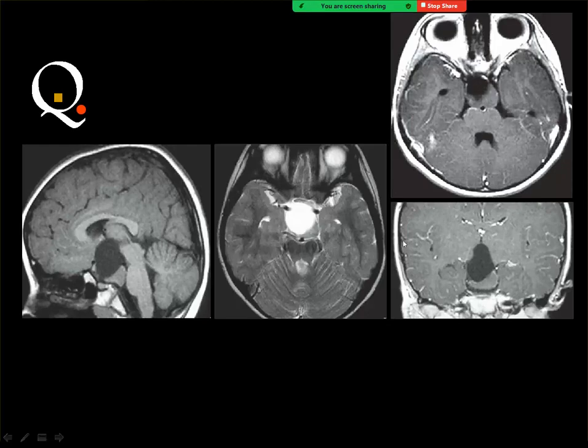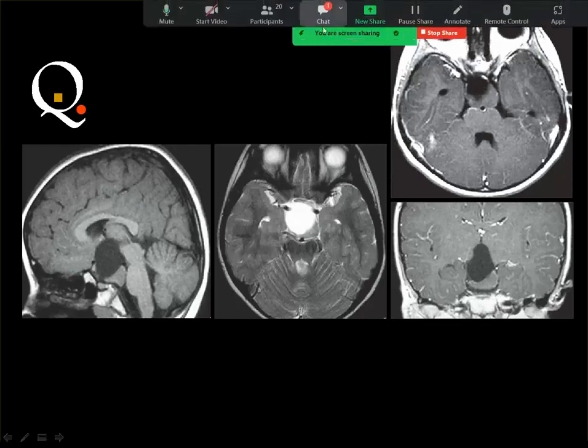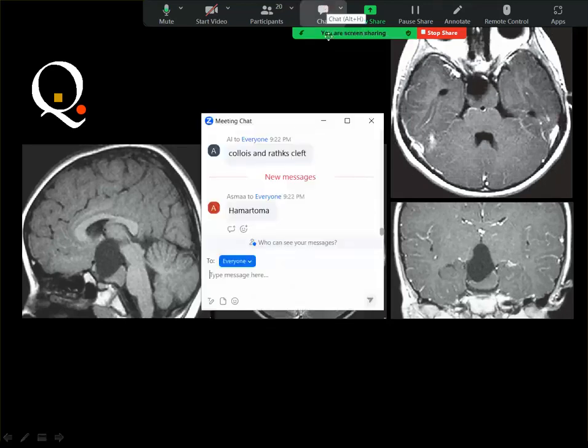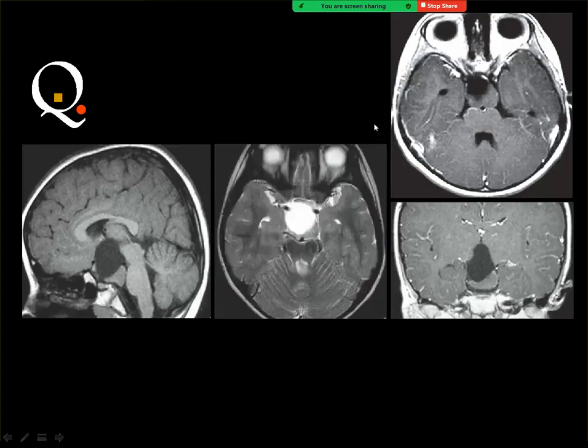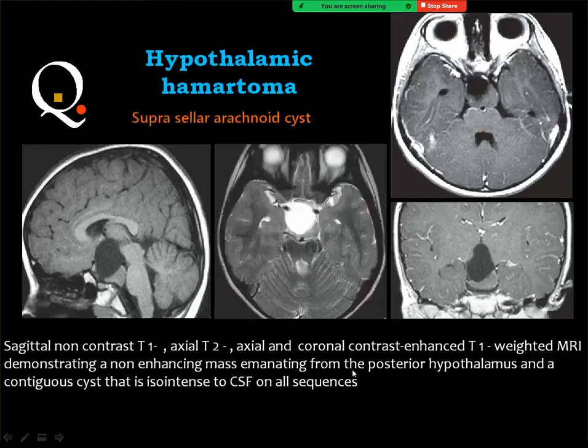And you know, the only suprasellar lesion which is located usually in the pediatric age group, and it does not enhance, and this is hamartoma. Yes, this is tuber cinereum hamartoma and the arachnoid cyst in the suprasellar area.